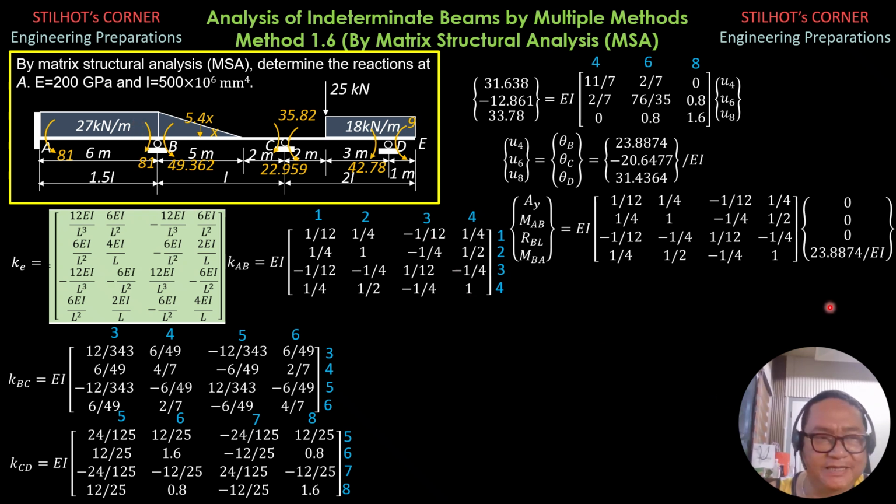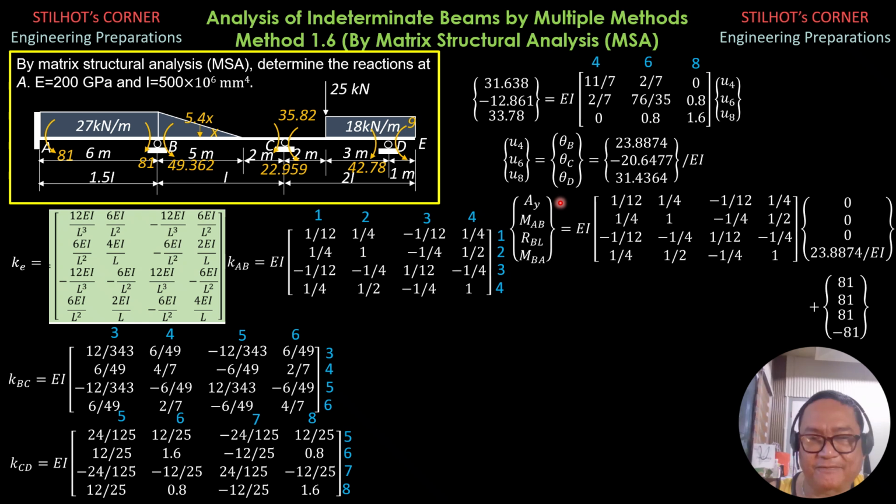So we add 81, then 81, then 81, then negative 81. So 81 is the fixed end upward force, 81 is this fixed end moment, 81 is the fixed end force to the left of B, and negative 81 is represented by that clockwise moment.